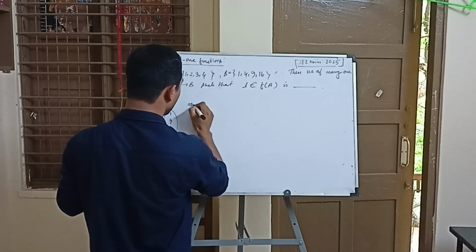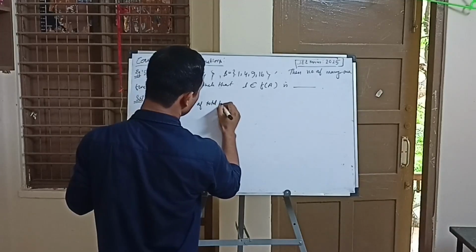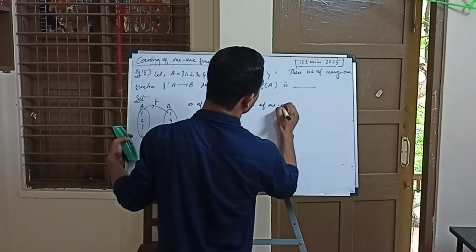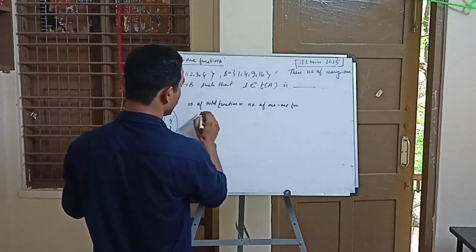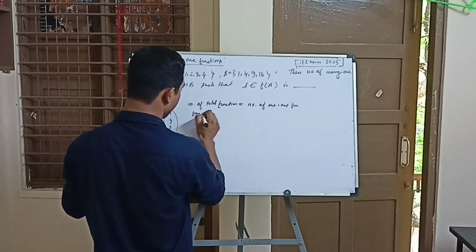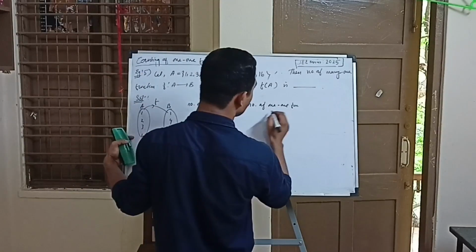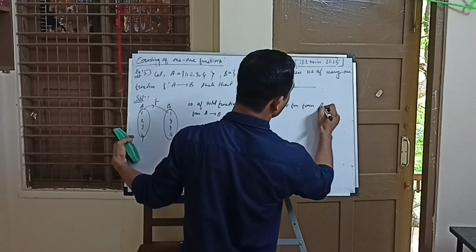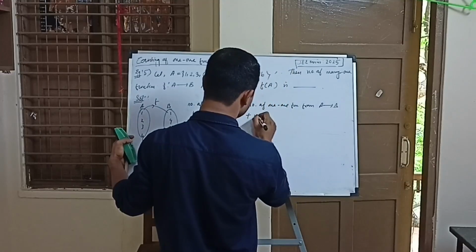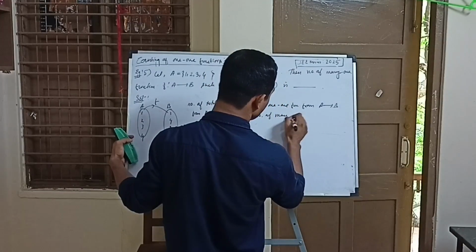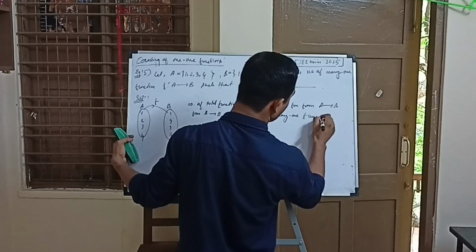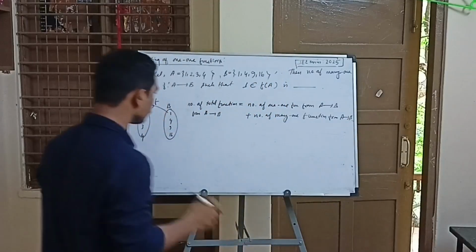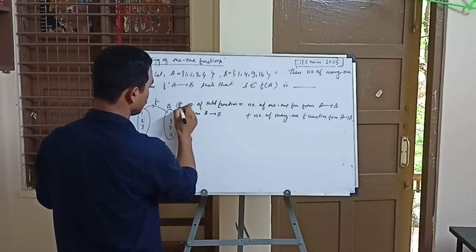The number of total functions from A to B is the number of one-one functions from A to B plus the number of many-one functions from A to B.